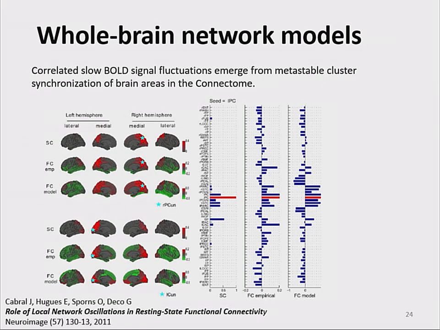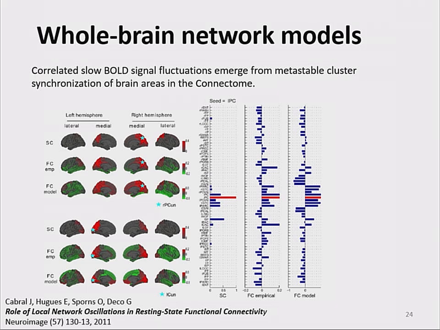Okay, so just with this simple model, the idea was that it was pretty phenomenological and less complex than other more realistic neural mass models. The idea was to show that only using the structural connectivity, so the first column shows the structural connectivity of the left posterior cingulate, the connectivity with all the other brain areas.